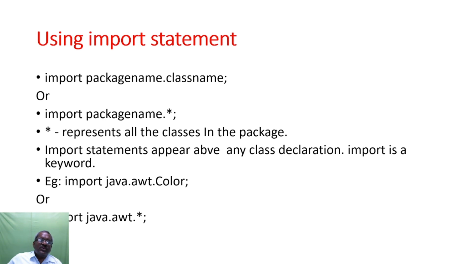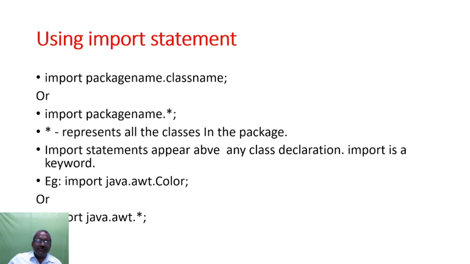But normally we may not be aware of how many or what classes we may need. In that case we give the package name dot star, meaning every class inside the package.